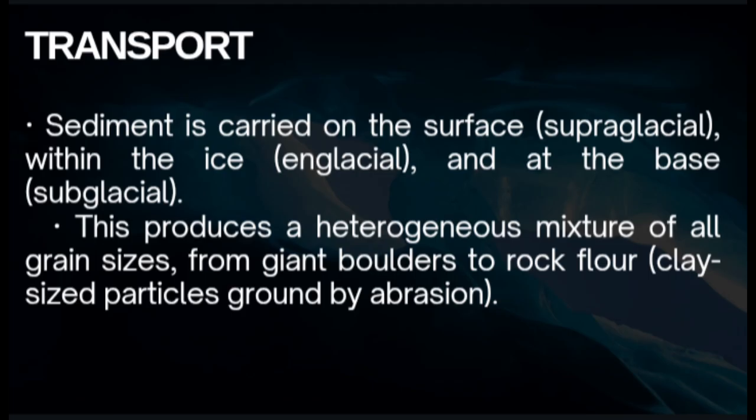Now, we're going to move to how sediment is transported. Sediment is carried on the surface, within the ice, and at the base. These produce heterogeneous mixtures of all grain sizes from giant boulders to rock flour. To further explain this, continental glaciers move debris in two main ways.